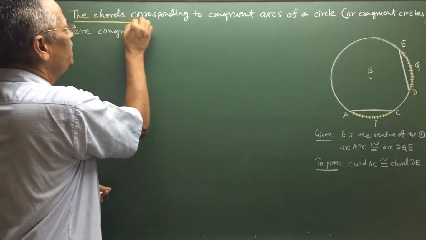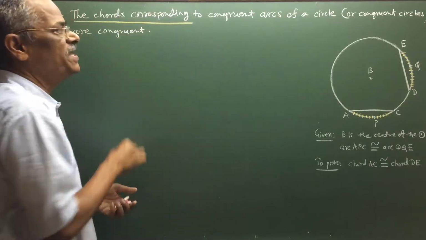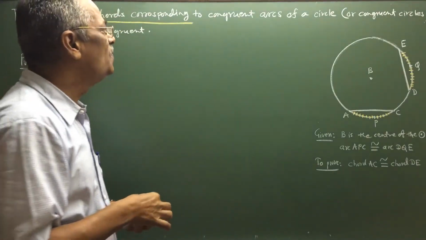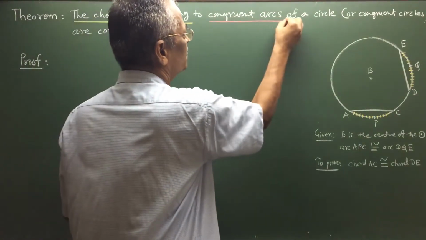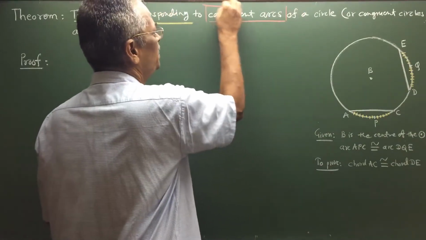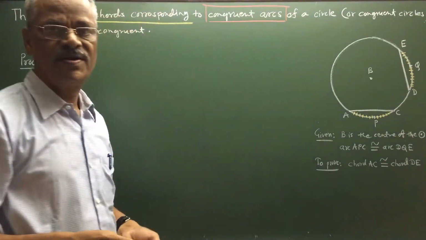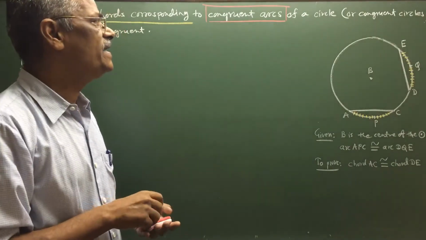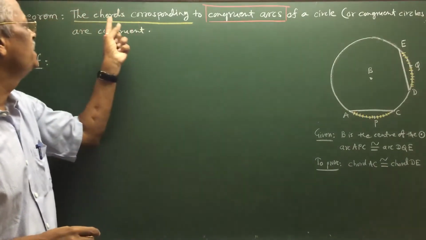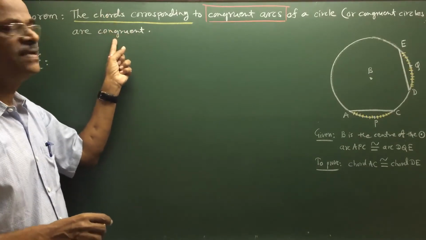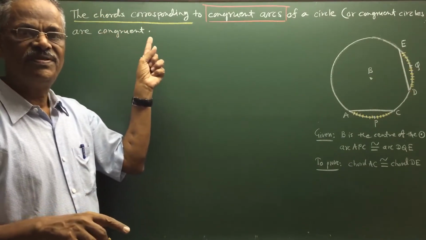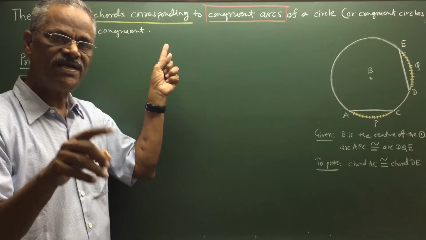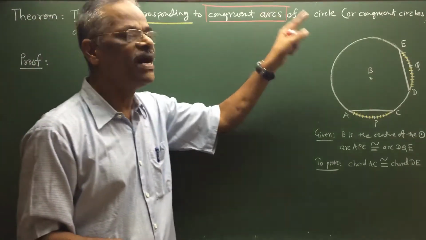We have to show that the chords corresponding to congruent arcs are congruent. Congruent arcs are given, and we have to show that the chords are congruent.